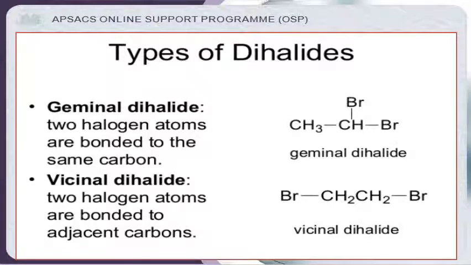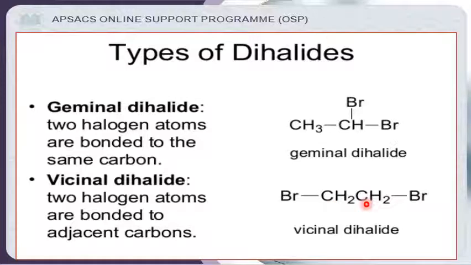Types of alkyl halide. There are 2 types of alkyl halide. One is called geminal dihalide and another is called vicinal dihalide. What is geminal dihalide? When the 2 halogen atoms are bonded to the same carbon atom in the structure of alkyl halide, this is called geminal dihalide.